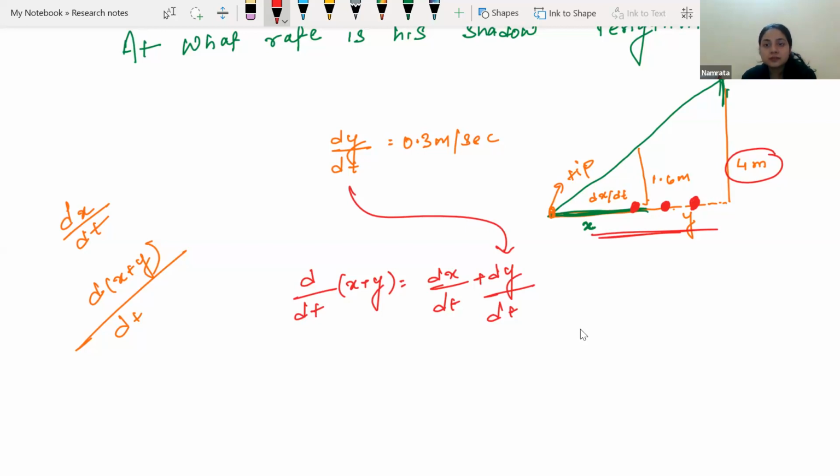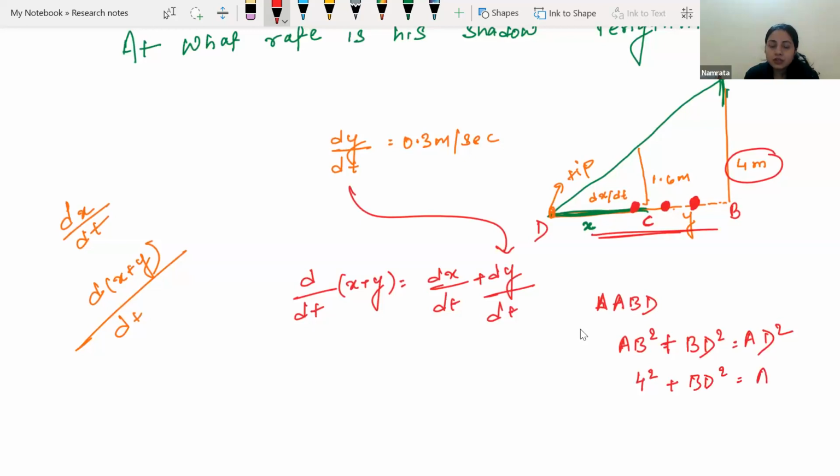If we name it A, B, C, D, with the help of Pythagoras theorem for triangle ABD, we can write AB square plus BD square is equals to the hypotenuse AD square. Here what we know, we just know AB. BD we don't know, AD we don't know. Then what to do if this is point E?